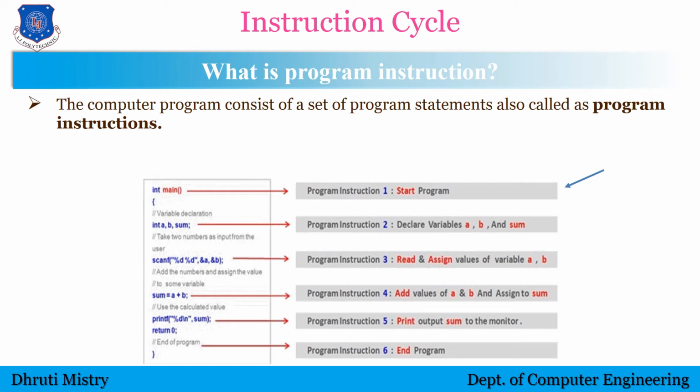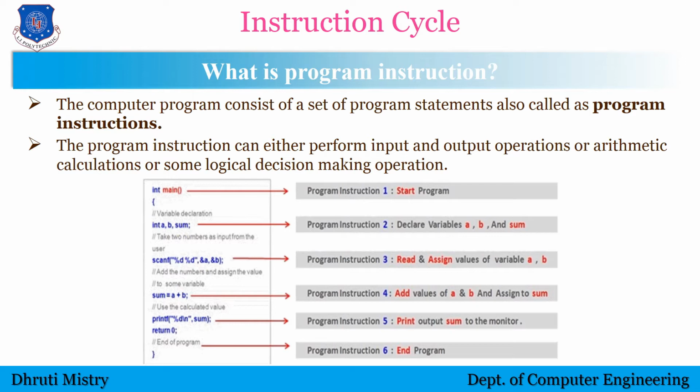For example, a program instruction can perform input and output operations, or arithmetic calculations, or some logical decision making operation. During the program compilation process, each program instruction is converted into a machine code instruction in binary form.